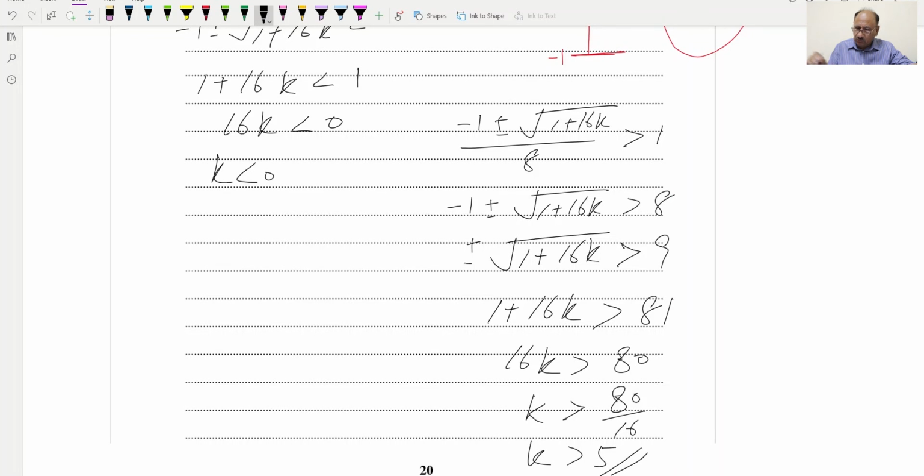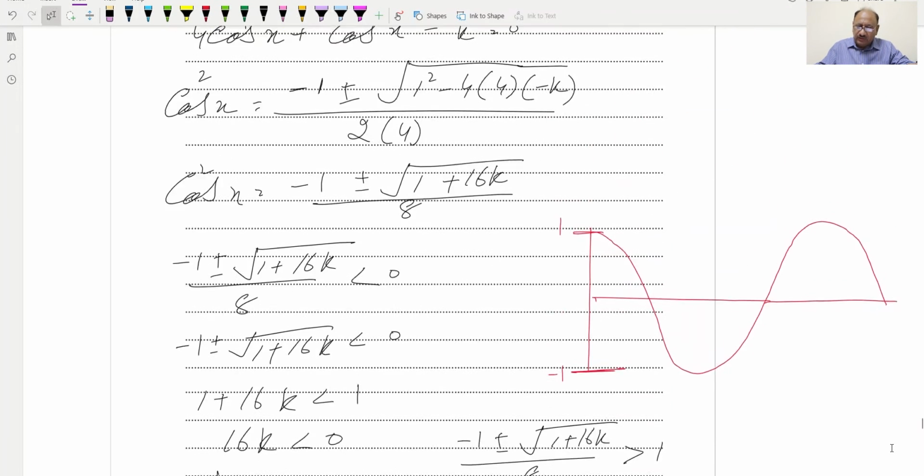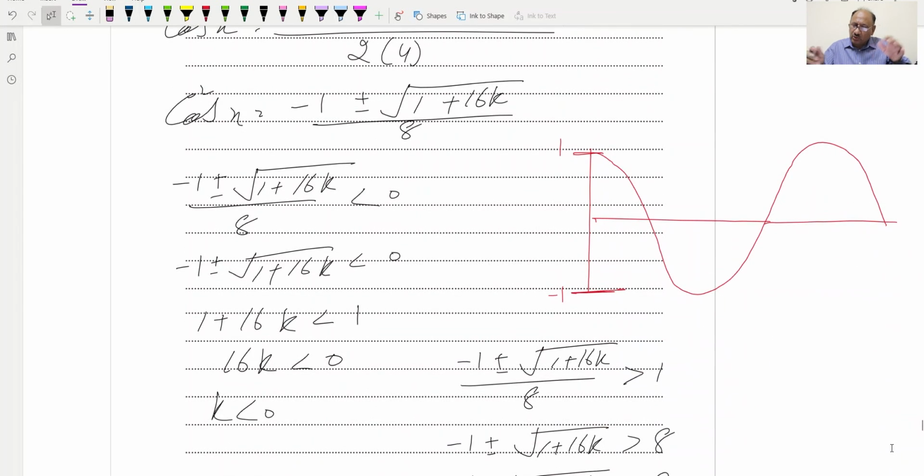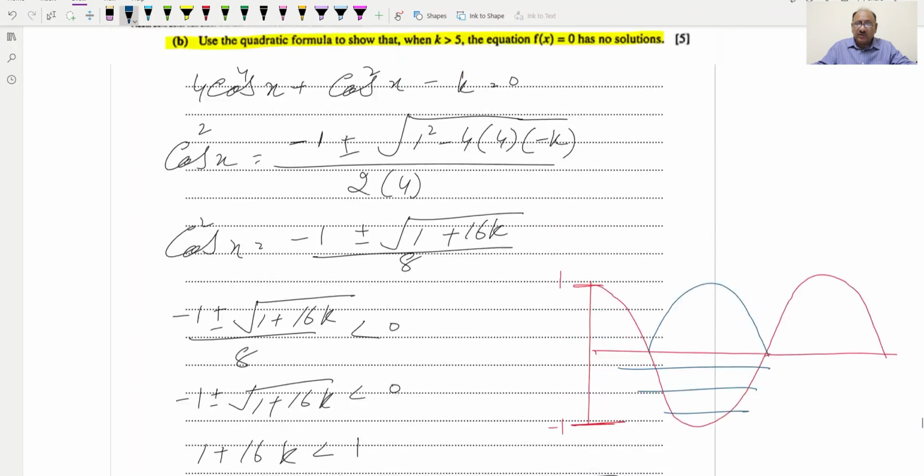So this is how we got this value, k is greater than 5. What happens basically when we take the square is that for the square graph, this negative portion shifts up like this. So we do not have this lower section and we get positive values only. So this is done. We are done with the paper.